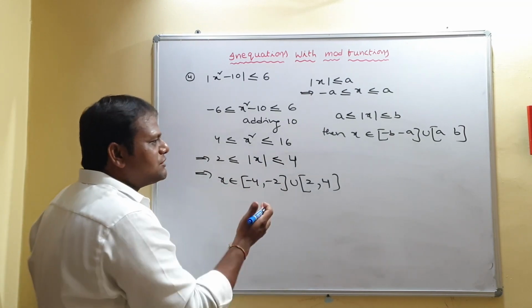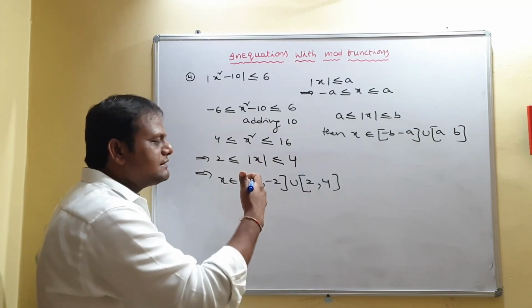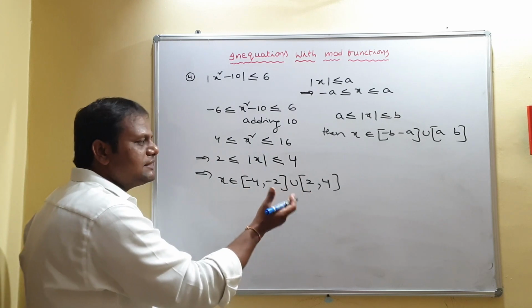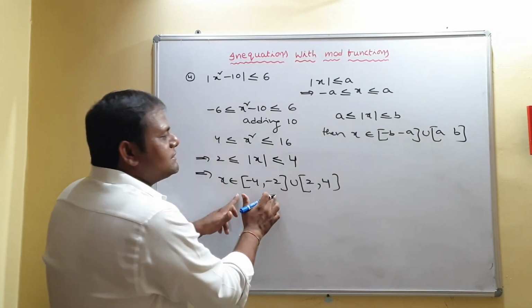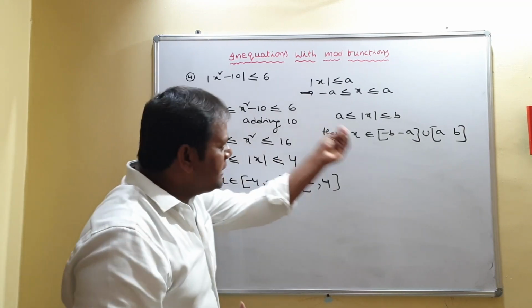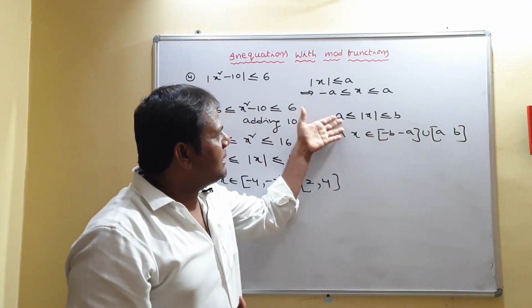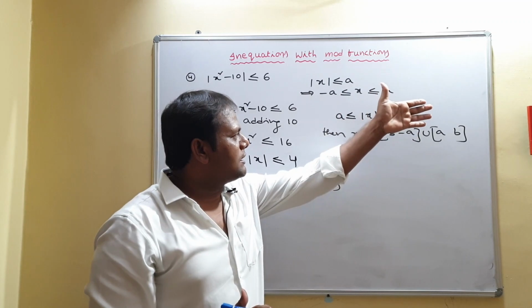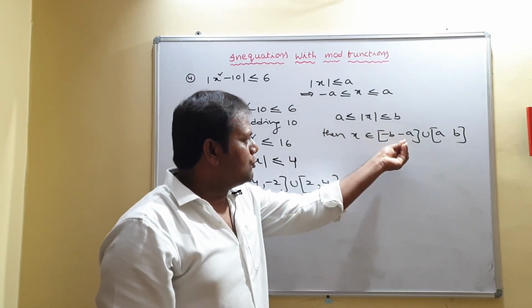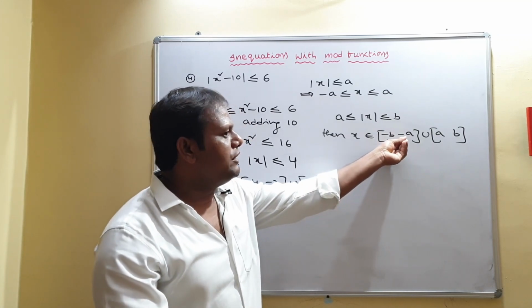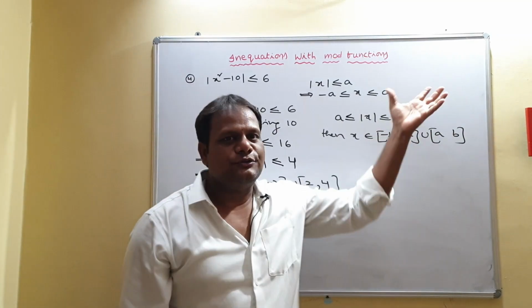To make it positive, again we multiply with minus sign, then the inequation sign changes. Finally, we reverse that and you end up with this answer. But better you remember this: a less than or equal to mod x less than or equal to b. Directly you should take x belongs to closed minus b to minus a union closed a to closed b.